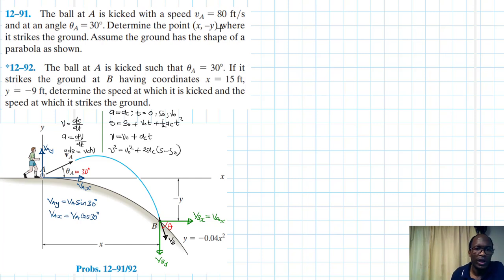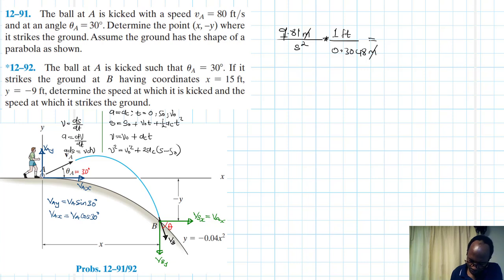We are dealing with feet per second, so we need to convert the acceleration. So we have 9.81 meters per second squared. 1 foot is equal to 0.3048 meters. So meter and meter cancel.